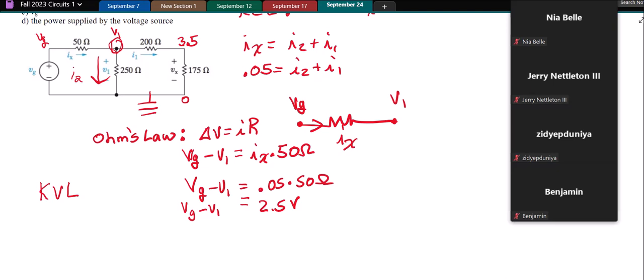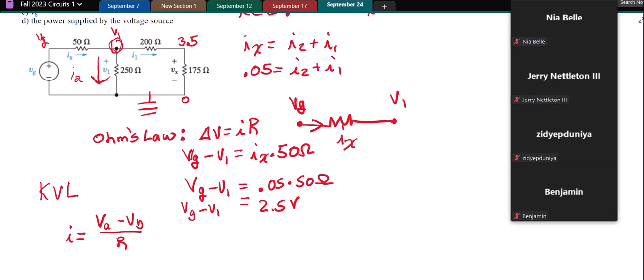Actually, before I do that, I'm going to write down what I1 and I2 are in terms of voltages. So when I'm writing a current, and this is from Ohm's law, it'll be the voltage where I start, so VA, minus the voltage where I end, over the resistance. So in going in the direction of the current, the voltage on one side minus the voltage on the other side over the resistance.